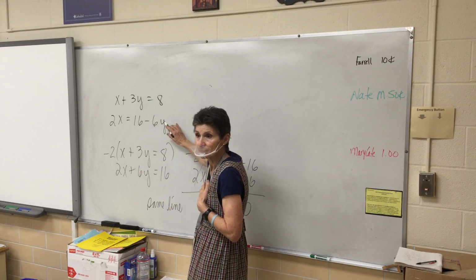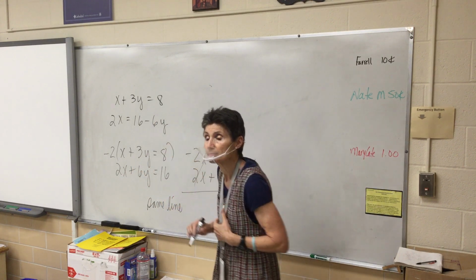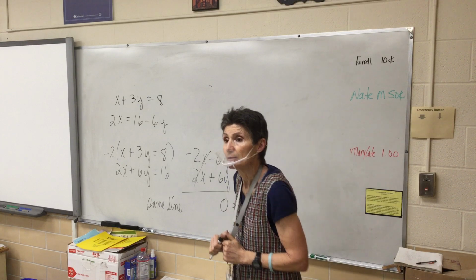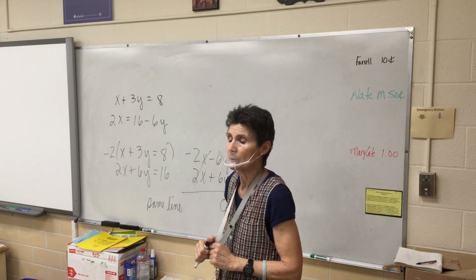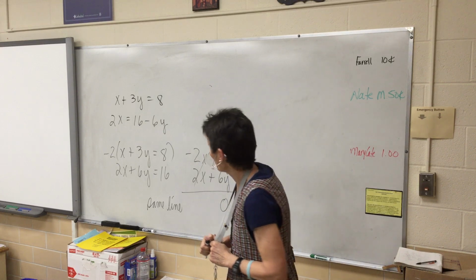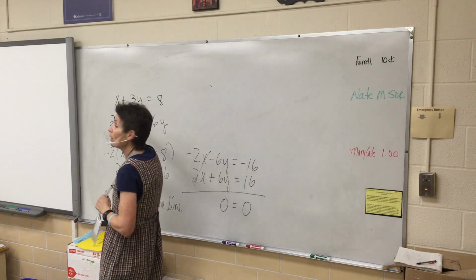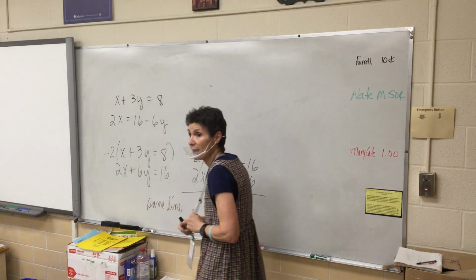So like in the answer blank, do you want us to write same line? Yep. No, you never write 0 equals 0. You write same line, or you can write the actual equation of the line if you'd rather do that.